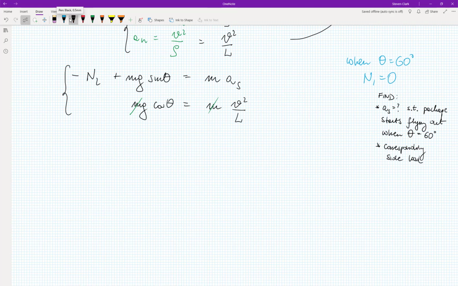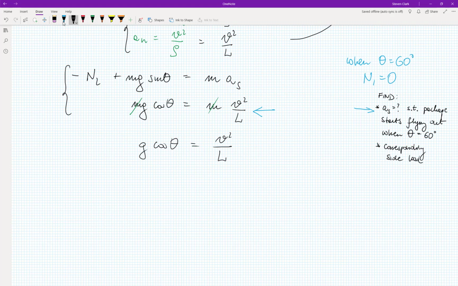I believe this is tricky, actually. I solved the problem yesterday, and it was tricky. Can I show you my solution steps? In order to solve this part A, I went for this expression only. This will be g cosine theta, and this is equal to v squared over L. But this is specific v, the v that is obtained at 60 degrees.